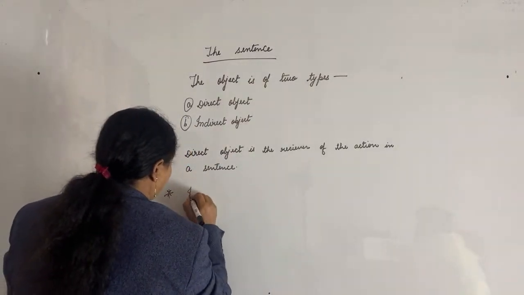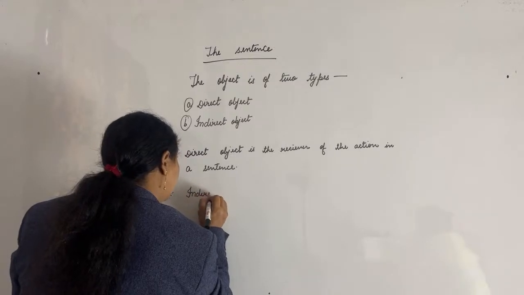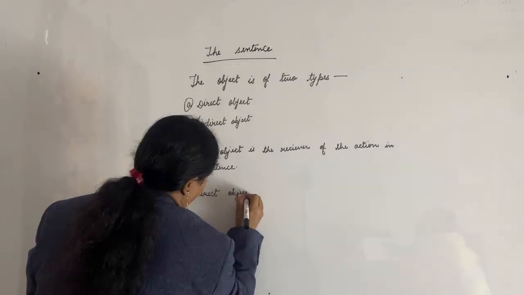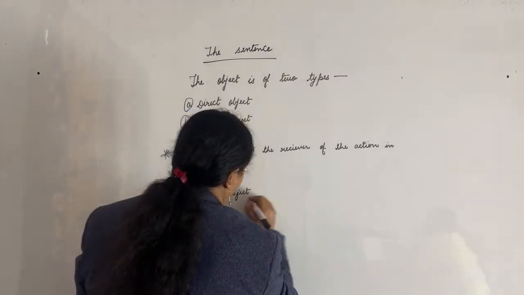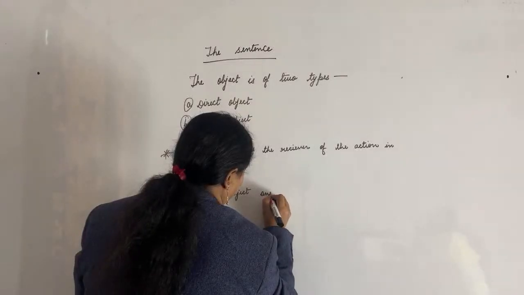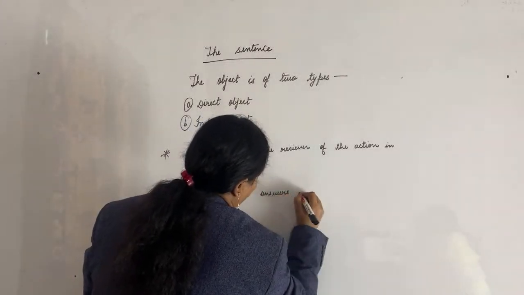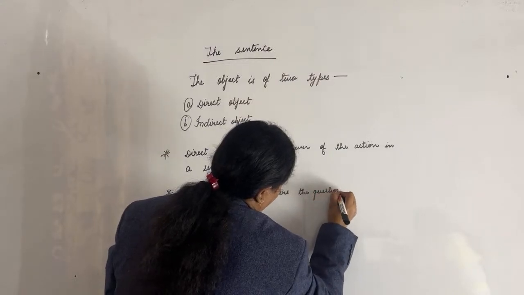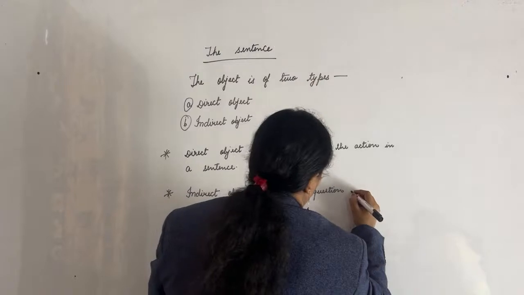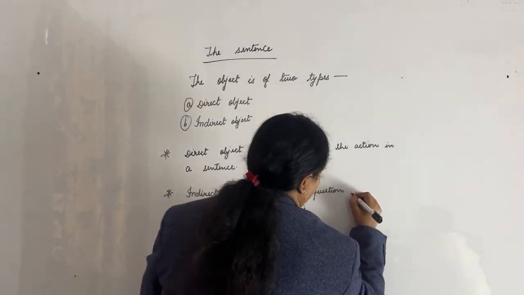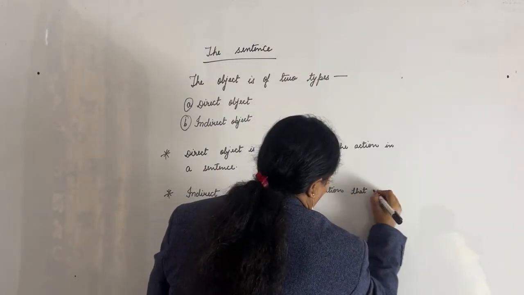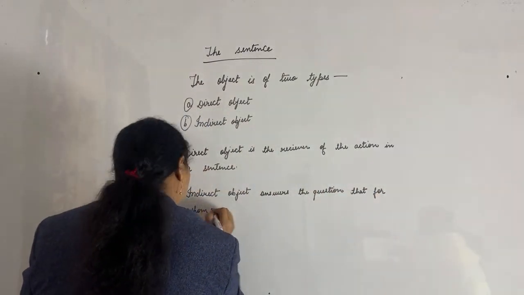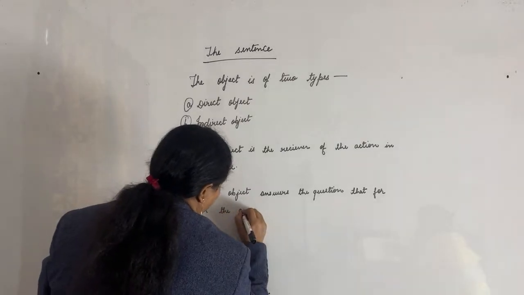And indirect object answers the question that for whom the action is done.